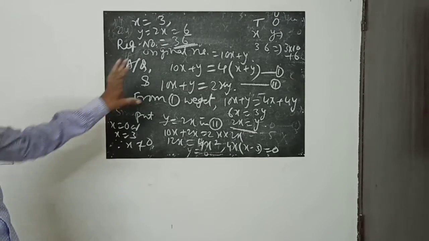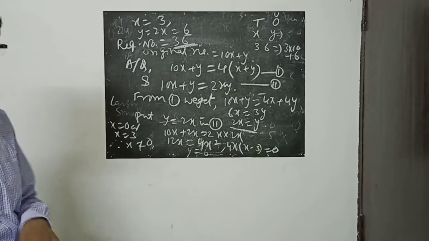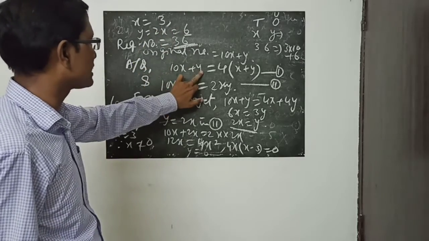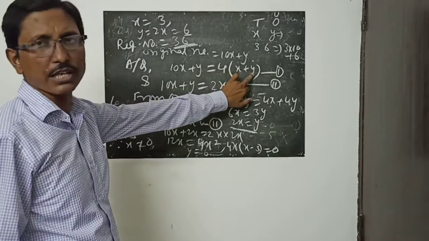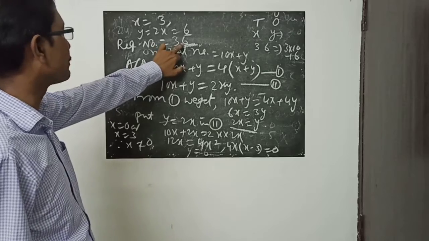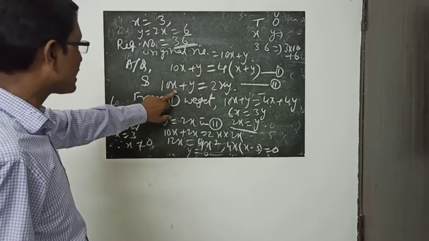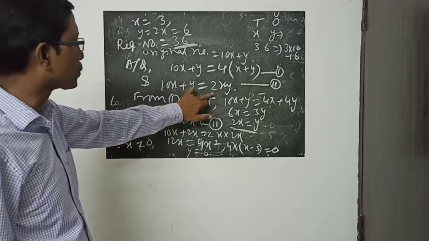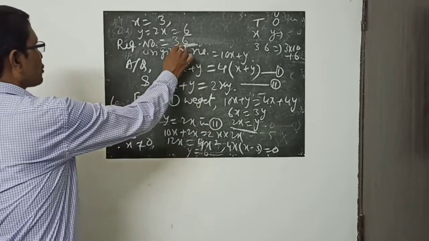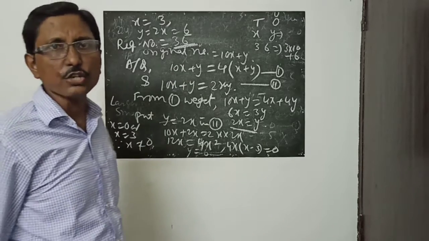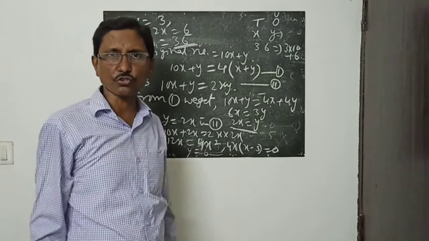Is it satisfying both conditions or not? Check your question. The original number is 36. 4 times the sum of the digits: 3 and 6, sum 9, 9 times 4 is 36, satisfying. And the number 36 is 2 times the product of the digits: 3 and 6 multiplied give 18, 2 times that is 36 also.